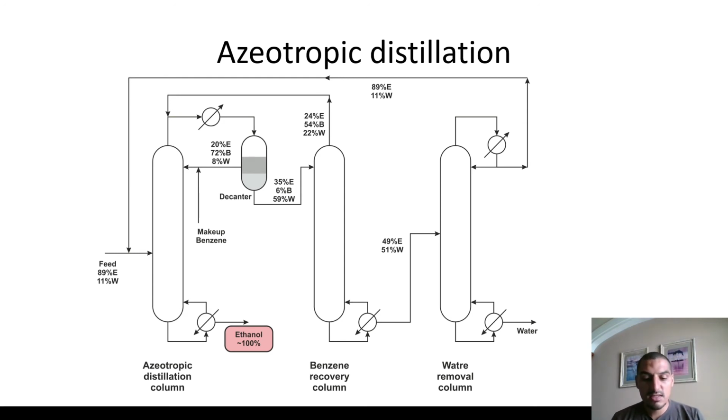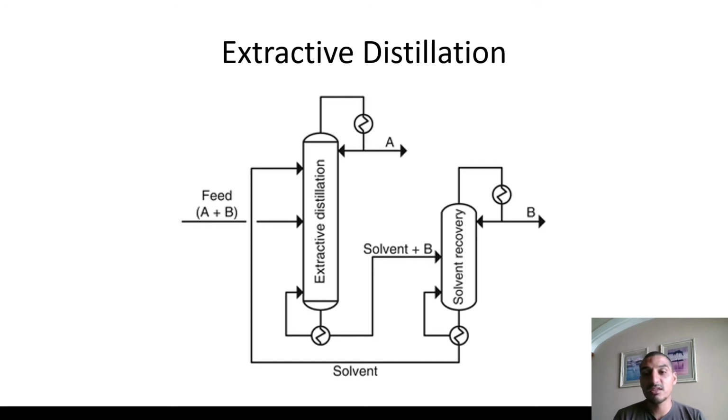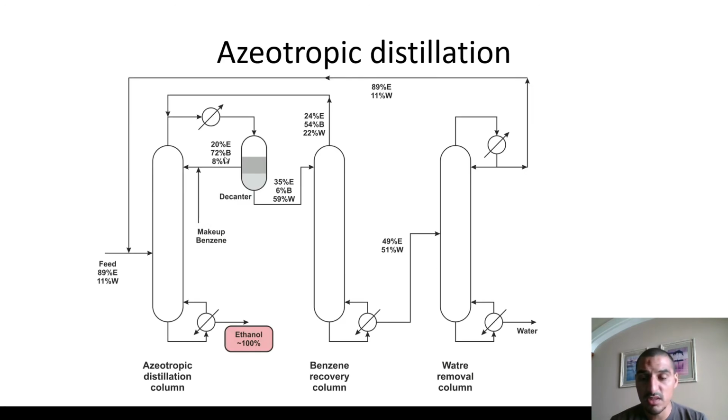The second method is the extractive distillation. And this is similar to azeotropic distillation in the sense of the addition of one more component. However, it's different according to the function of this component. In the previous case, the component that we added, which was benzene, was added to make an azeotrope that will extract all the water and leave the ethanol with almost 100% purity.